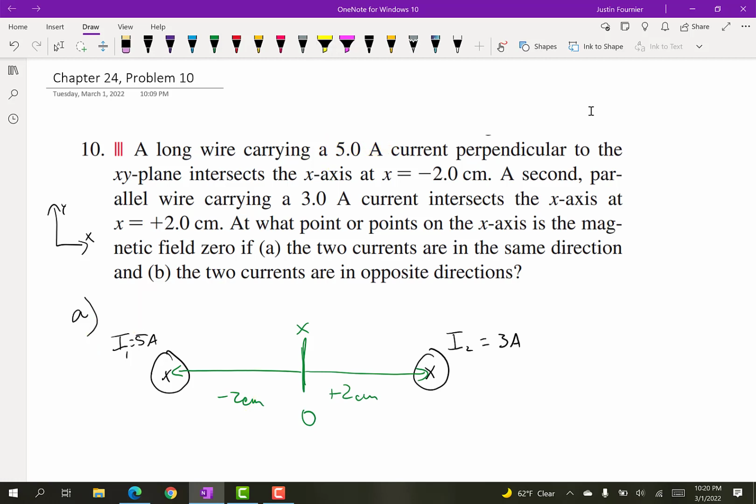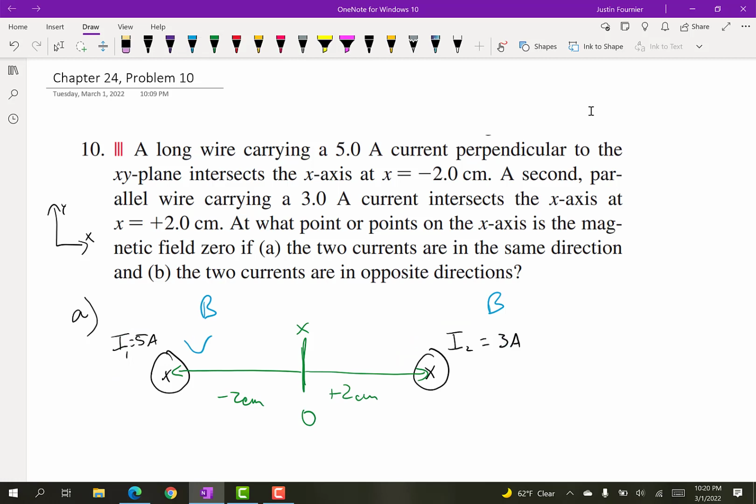All right. To get a sense of where the magnetic fields would point, using my right-hand rule for 2, the magnetic field points around like that. And then the magnetic field points around like this for current 1. So basically, where these two magnetic fields cancel is going to be somewhere in between.